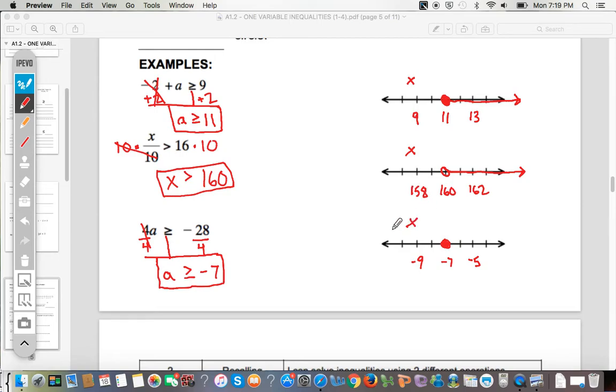So I'll go to negative 6. Is negative 6 greater than or equal to negative 7? It sure is. So I'll draw a line right there. These would be acceptable solutions on any practice or assessment that we take in the future. Great. Pause the video if you need more time.